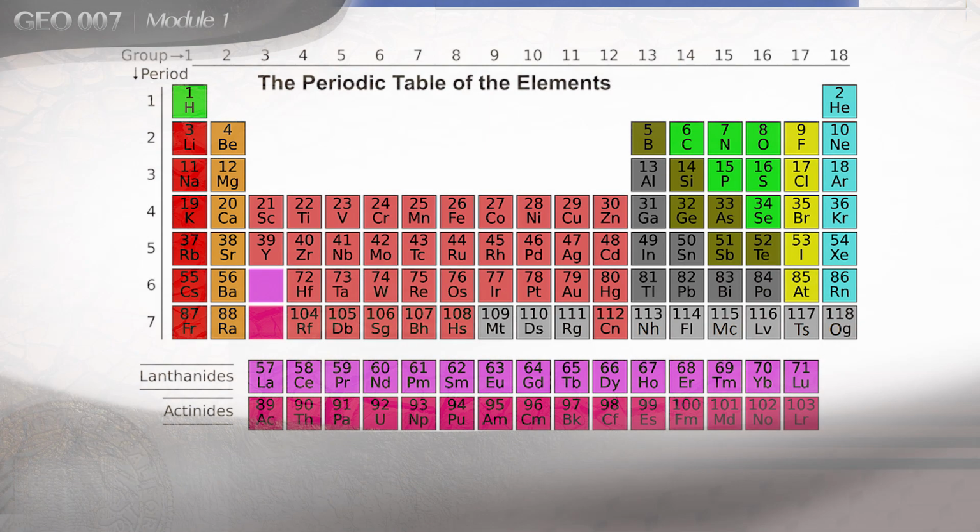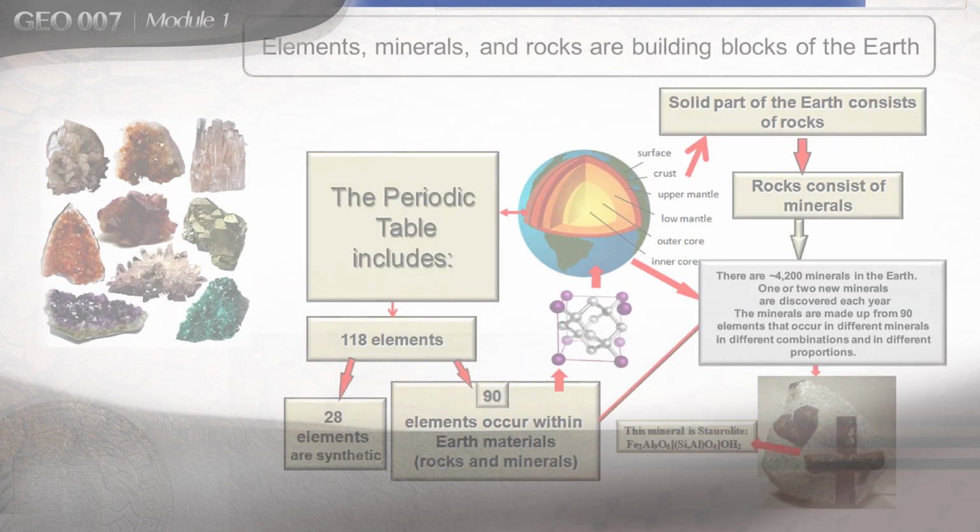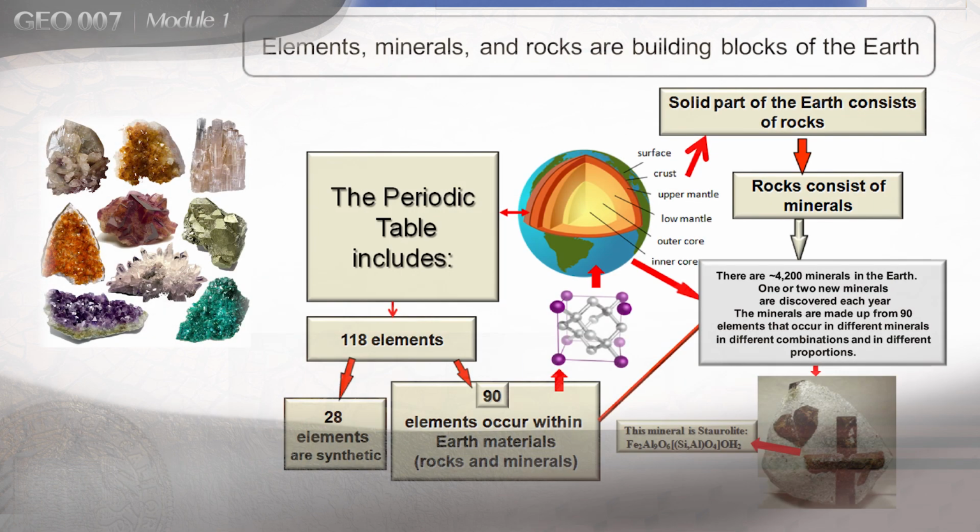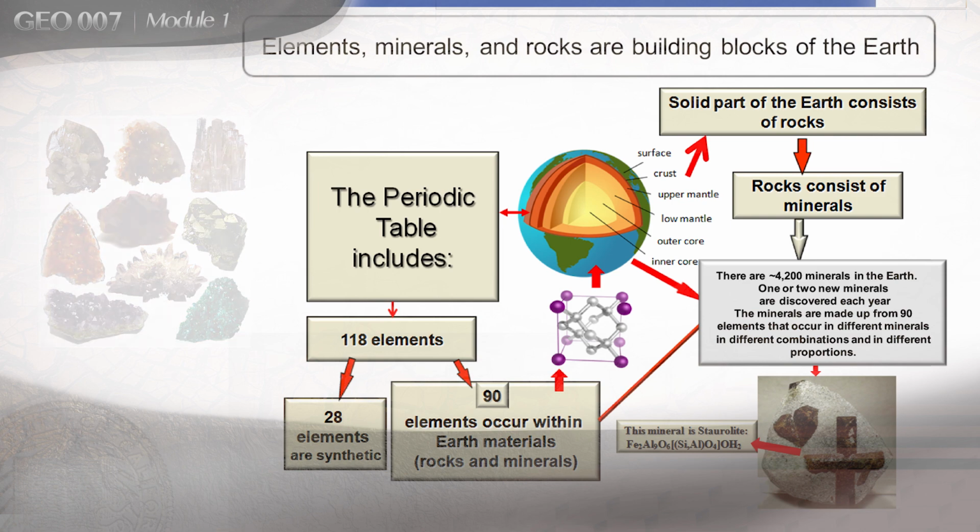About 90 of them are found in rocks and minerals, while the remaining 28 elements have been synthesized in laboratories and nuclear accelerators. There are approximately 4,200 minerals in the Earth. 1 or 2 minerals are discovered each year. The minerals are made up from the 90 elements that occur in different minerals in different combinations and in different proportions.